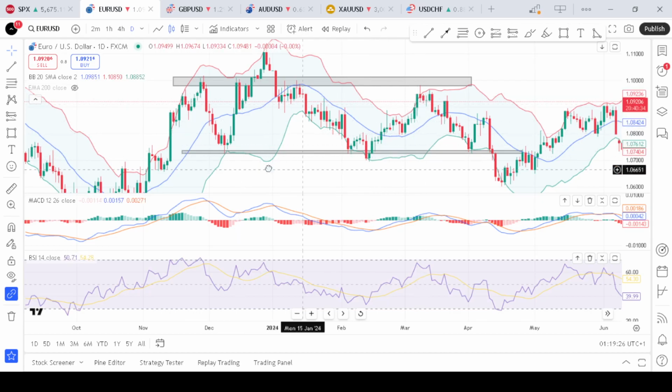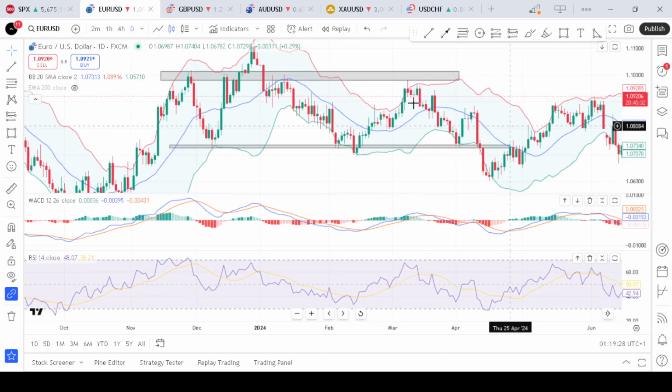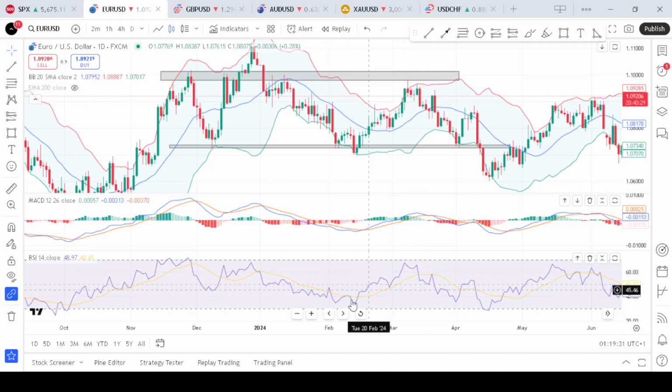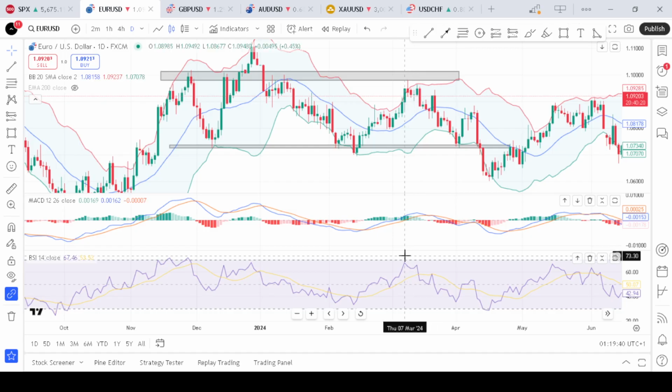So by incorporating this with other indicators such as Bollinger Band or the RSI to indicate oversold and overbought conditions, you can help make your signal concrete, and it further strengthens the momentum signal of your MACD indicator.